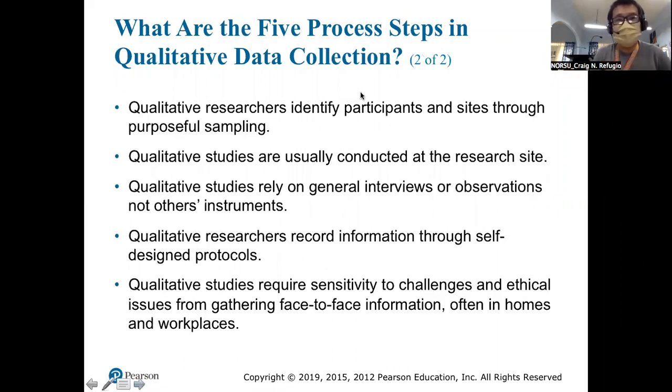We have qualitative researchers identify participants and sites through purposeful sampling. I mentioned in the previous videos about sampling designs the 2 types of sampling designs, the random sampling design and the non-random sampling design.